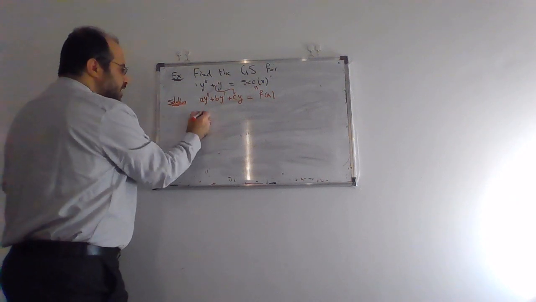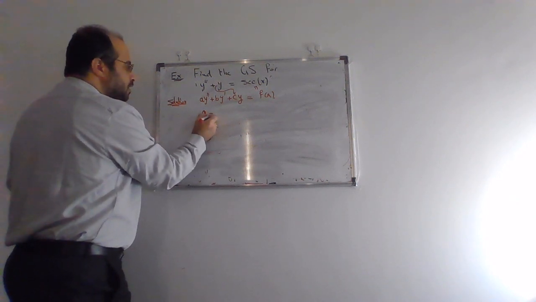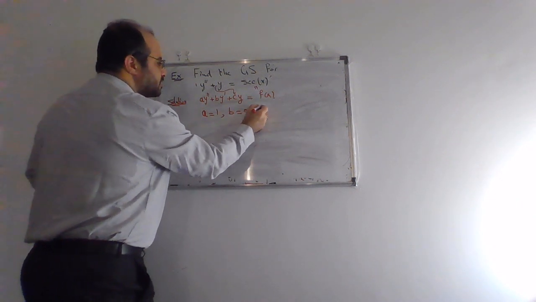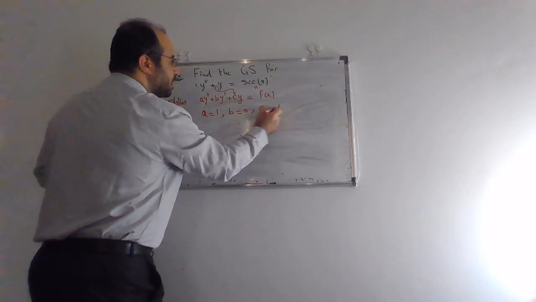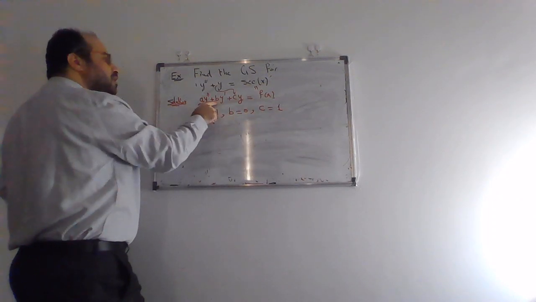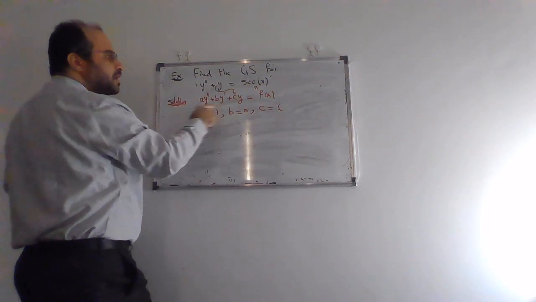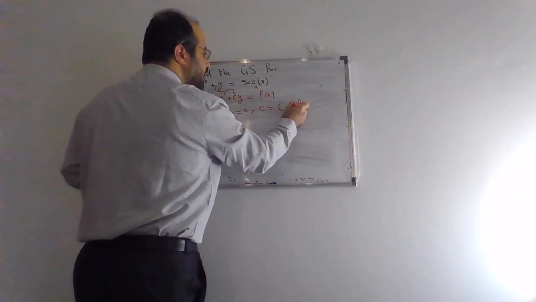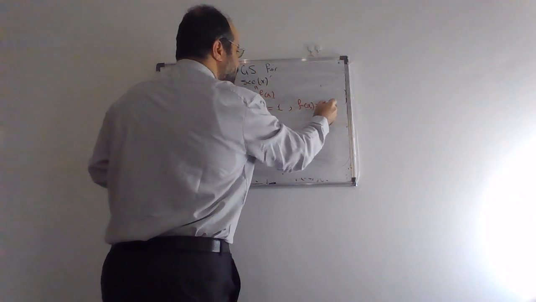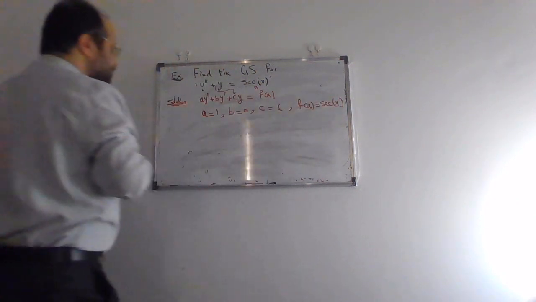So in this case, a is 1, b is 0, and c here is 1. I don't need b, but just to let you know that the b is missing. I know what is my a, I know what is my f of x. You just need to be careful when you choose your coefficients.